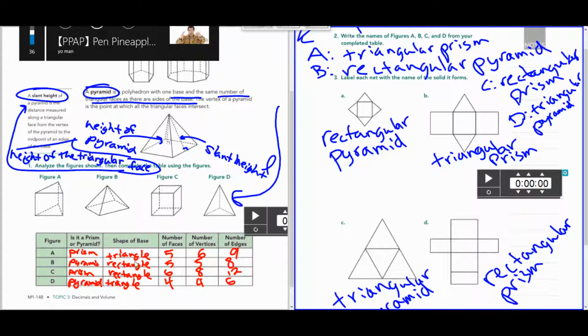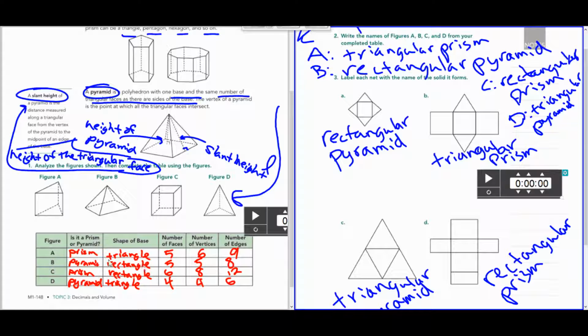And if we have a rectangle and we have a pyramid, we have a rectangular pyramid. And if we have a rectangle and we have a prism, we have a rectangular prism. And if we have a triangle and a pyramid, we have a triangular pyramid.